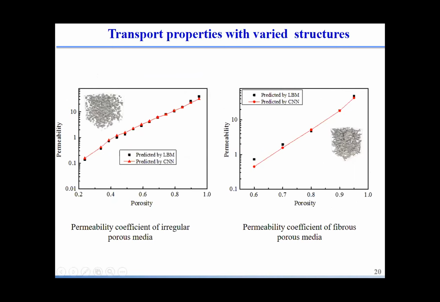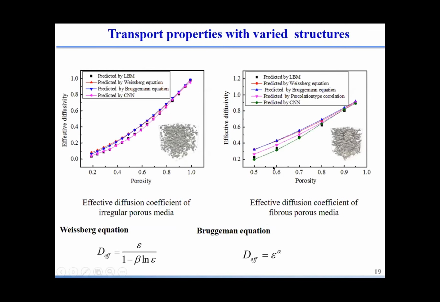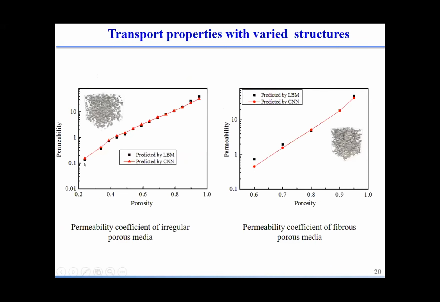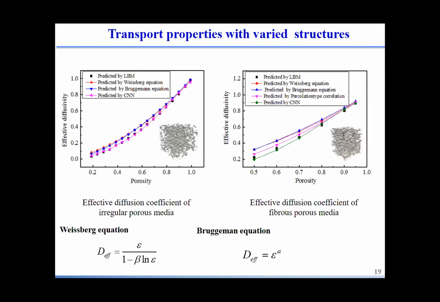Also we can use the packed sphere structure to predict the permeability coefficient of irregular porous medium and the permeability coefficient of fibrous porous medium. So this is permeability, this is diffusivity, two very important transport coefficients. Effective diffusivity and permeability can be predicted by training samples based on these very simple structures.